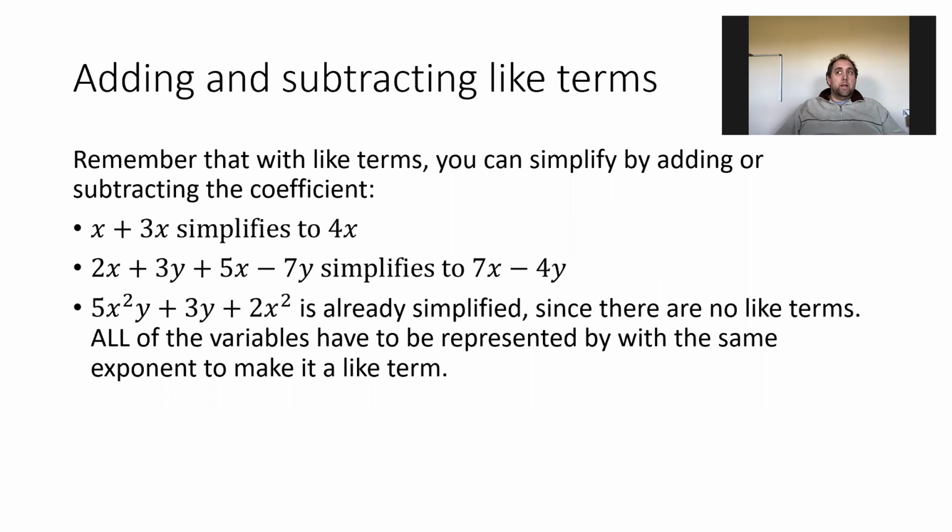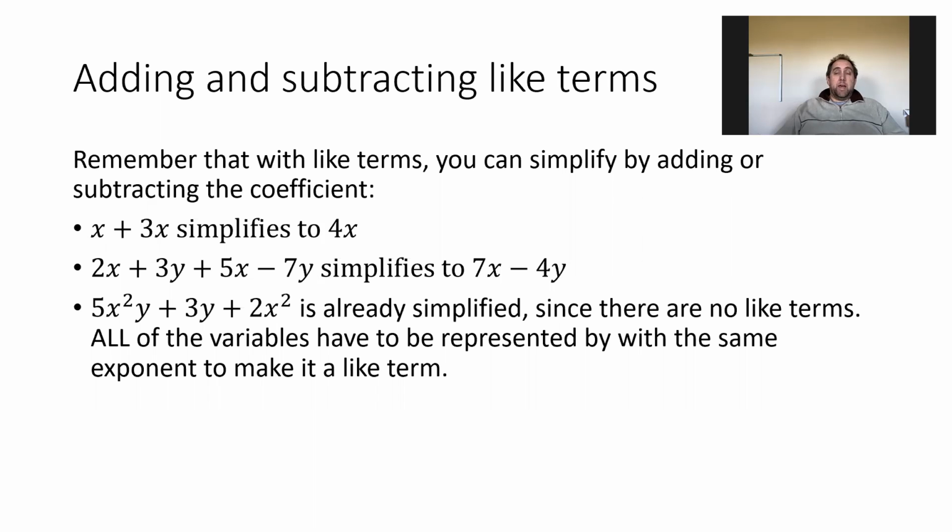So in dealing with these like terms, you can simplify by adding or subtracting the coefficient. And we remember this with any of our like terms that we've done before. So x plus 3x is a like term because both terms have the variable x, and it's in both terms to the same power, the first power.